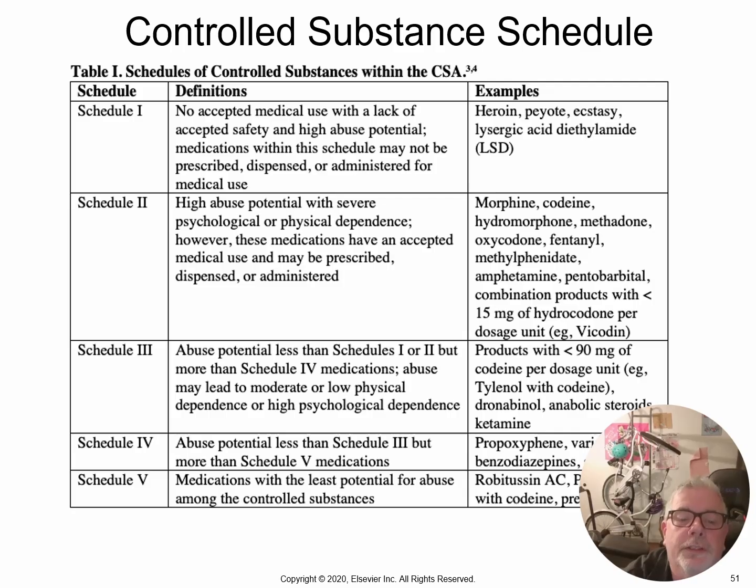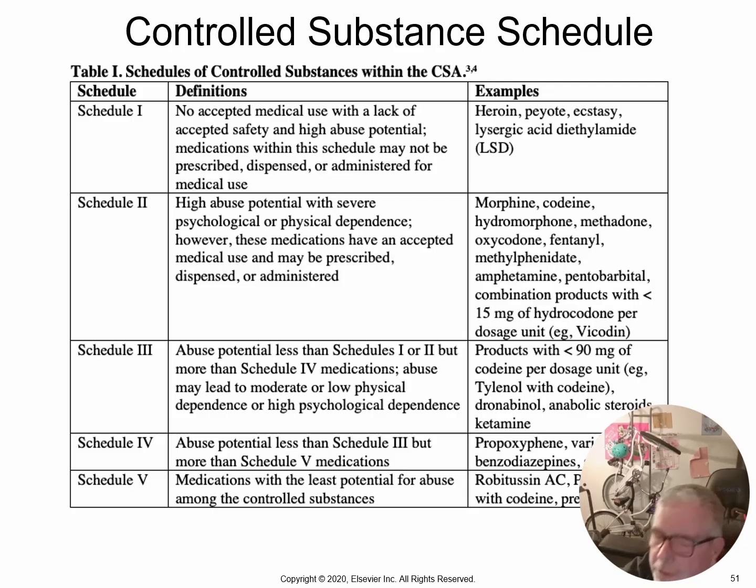Schedule 1, as you can say, no accepted medical use with lack of accepted safety and high abuse potential. Medications within the schedule may not be prescribed, dispensed, or administered for medical use under any circumstances. And some examples of that would be heroin, peyote, ecstasy, LSD, and even marijuana. You say marijuana? Marijuana is legal now.